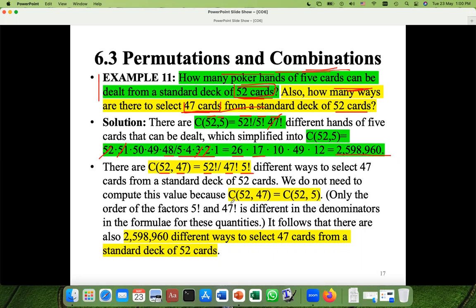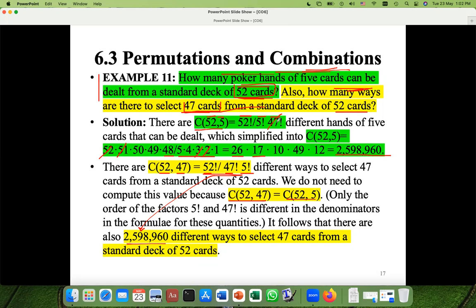So this combination of 52 comma 47 and this combination of 52 comma 5, this has 5 and 47, this has 47 and 5, no difference. If you calculate this one, you will again get the same answer.